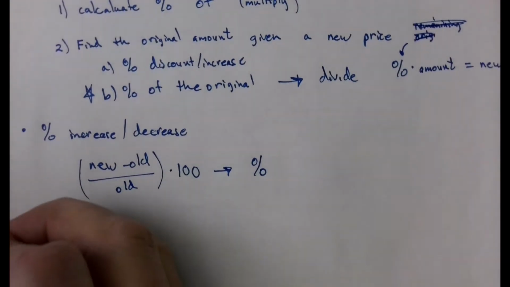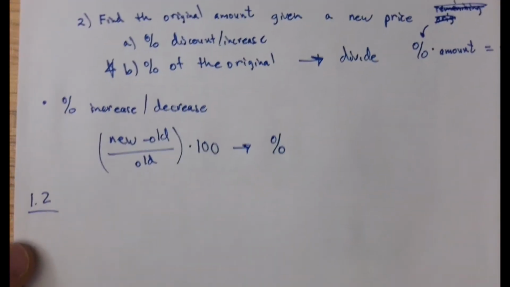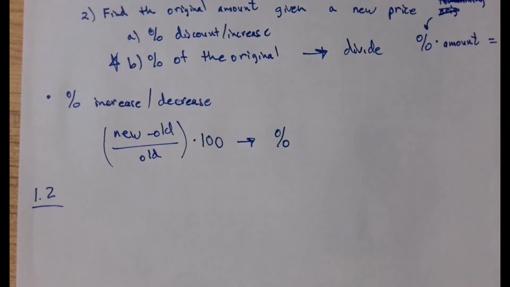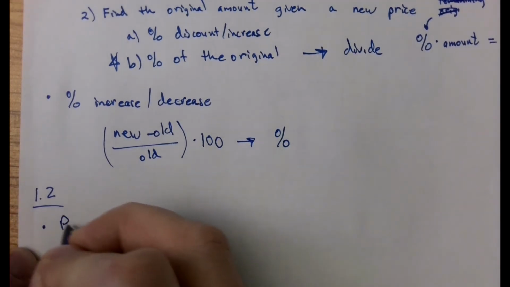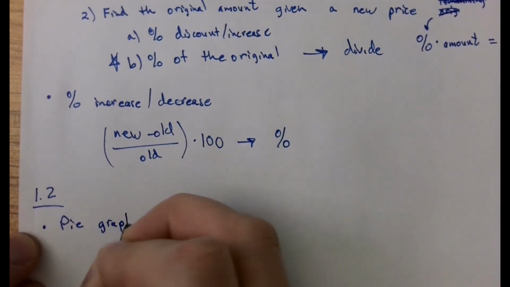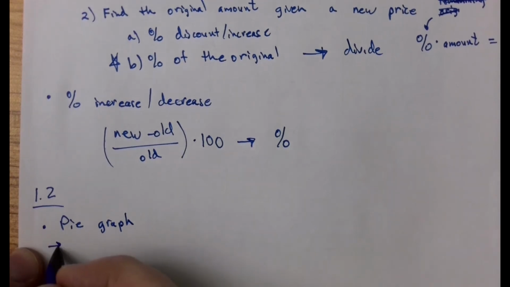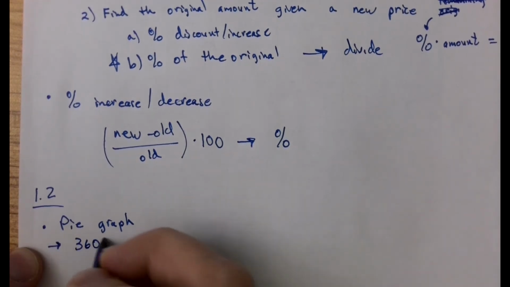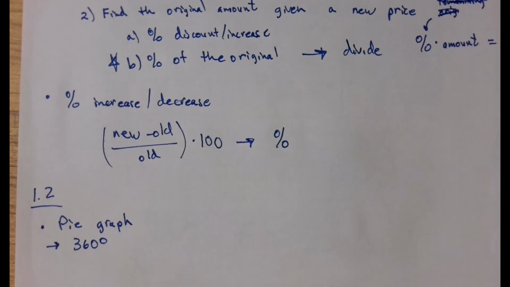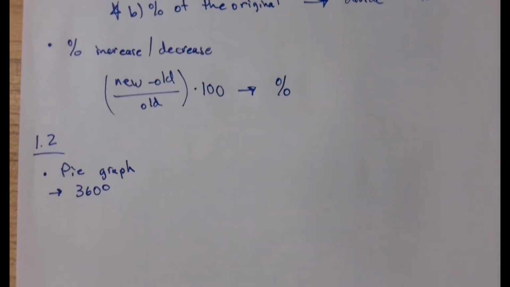So then section 1.2, we really covered this heavily in project 1. Here you created a pie graph, and you needed to know that the total amount of degrees in a pie graph was 360 degrees.